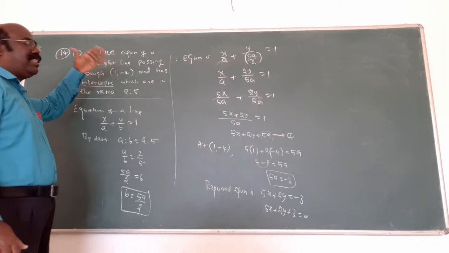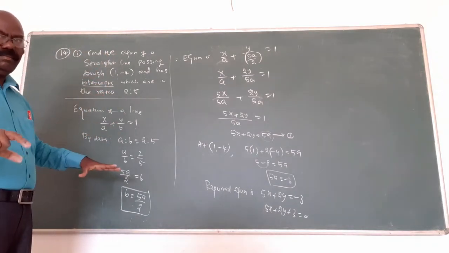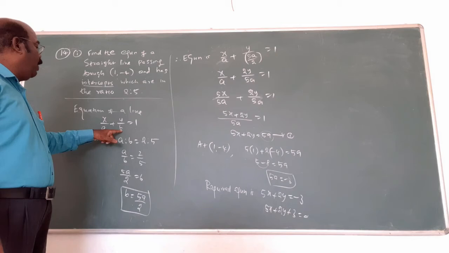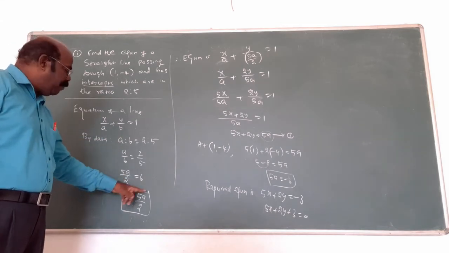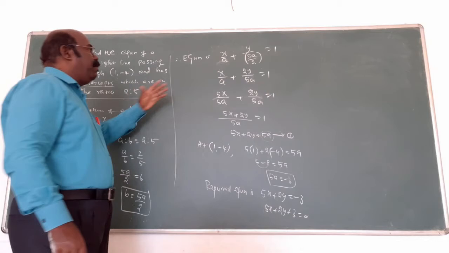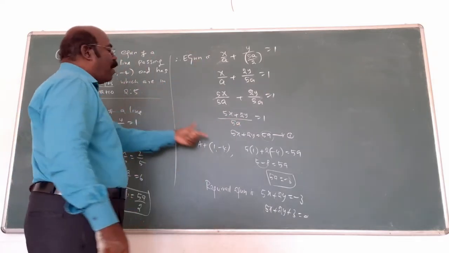Really, the equation is what is being asked. The intercept is where you want it. That's why it is the intercept equation. By using the ratio, you will eliminate b. Inside b, you will find 5a minus 5a by 2. Substitute that. Then b will be eliminated and only a is involved. To find the value of a, substitute this point.